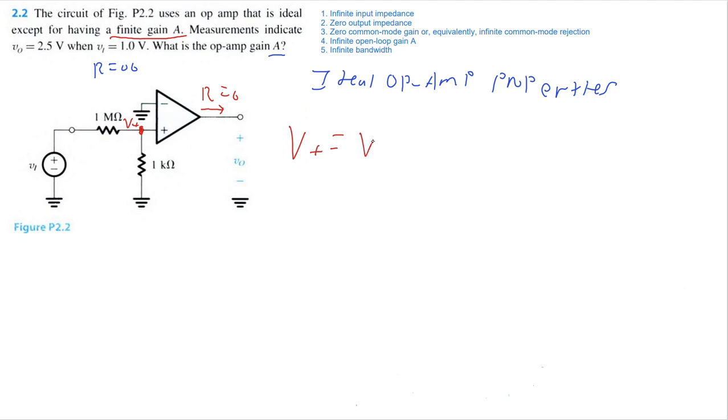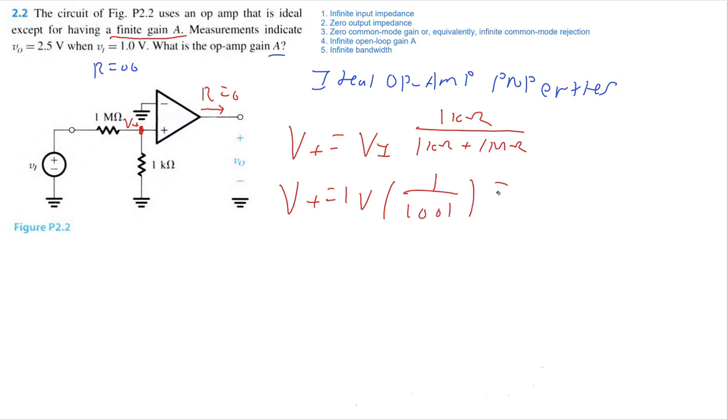V positive will be Vin multiplied by the portion across this 1 kilo ohm resistor. So it is 1 kilo ohm divided by 1 kilo ohm plus 1 mega ohm, since they are in series. So V plus is equal to 1 volt times 1 over 1001, which gives us 1 over 1001 volts. Perfect.